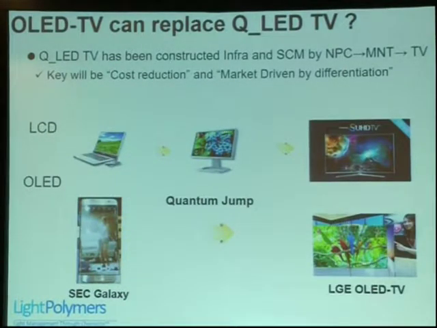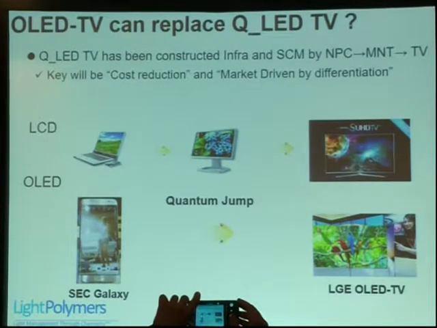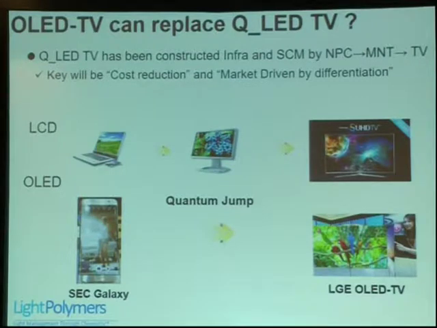Actually, this is a very hot issue: can OLED TV replace the QLED TV? The LCD was developed starting from notebook PC and monitor and then TV. In the case of the OLED, it is just a quantum jump from mobile displays and smartphones to TV.